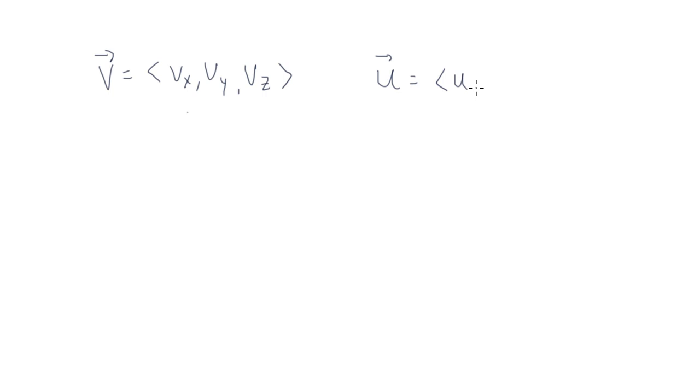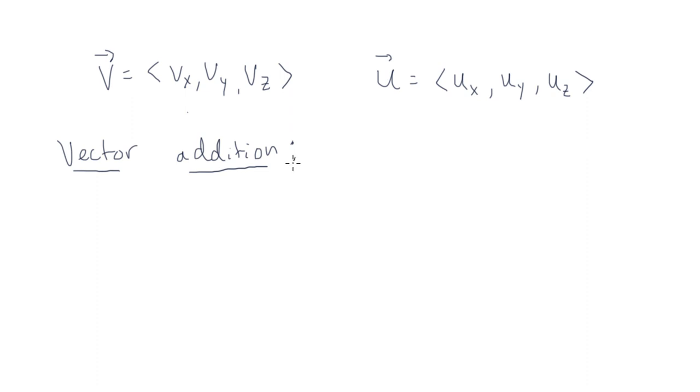So now if I have another vector u that has its three components, then what I can do is add two vectors together. And this is really one of the most useful things about writing vectors in component form, because it gives me an easy way to add them together.